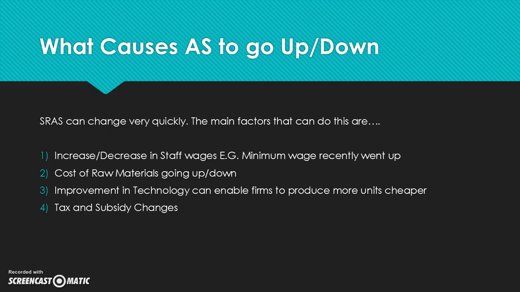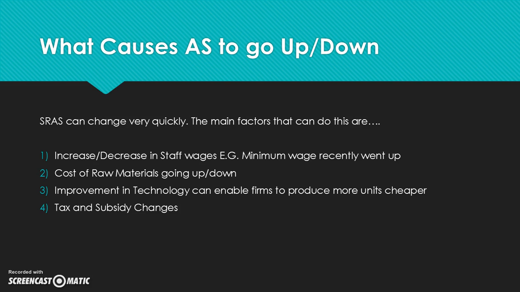But what causes it to change? Well, staff wages. If the minimum wage, for example, goes up, that means on average businesses are going to have to spend more money. That means their costs are going up, so supply will go down. Cost of raw materials going up or down, that has a big effect on AS.